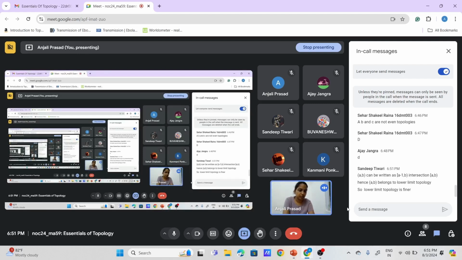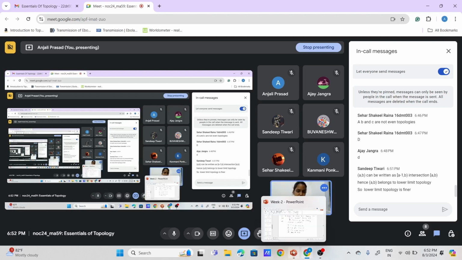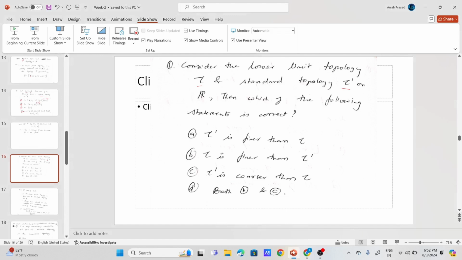So you are saying, okay, by this you are saying that lower limit topology is finer. So what is your answer? Which option is correct? A, B, C, or D?